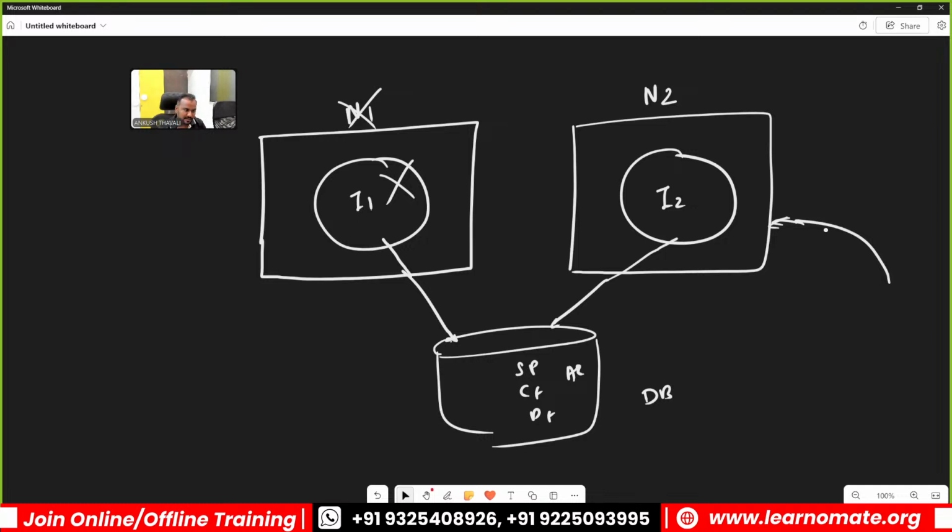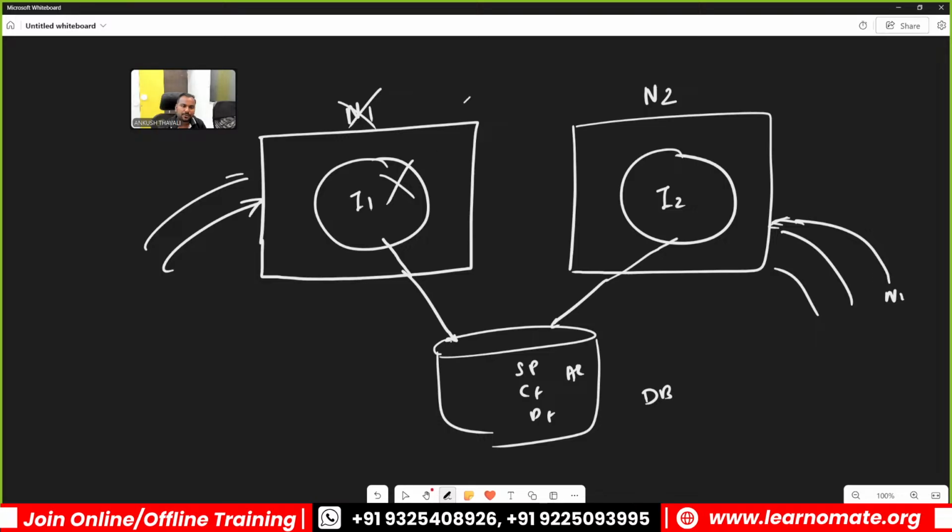So in an Oracle RAC environment, the architecture is designed in such a way that if both the instances are running, people can connect from node number 1 and people can connect from node number 2. So the user can connect from here also and here also.